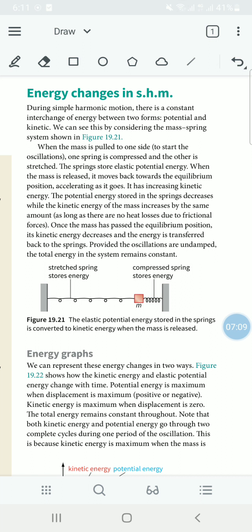When you have stretched the object towards one end, both the springs store elastic potential energy to get back to their original shape.